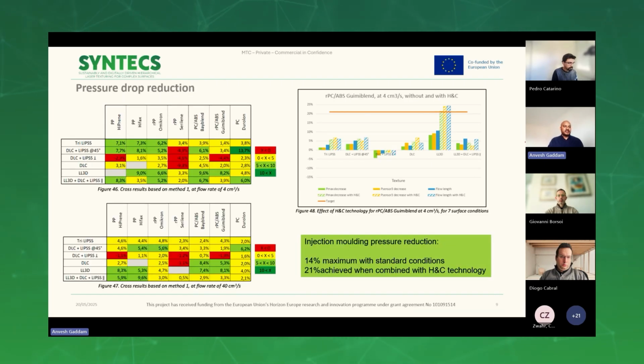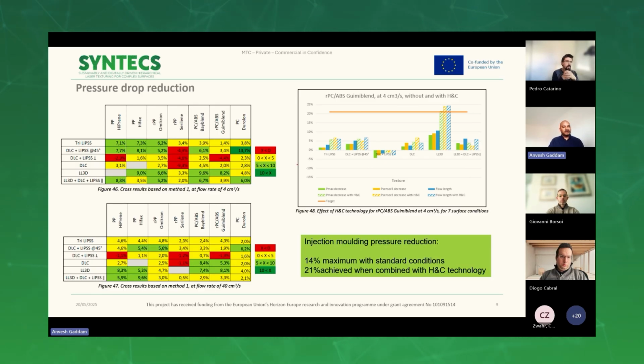This particular slide shows the pressure drop reduction. The heat map shows how different texture configurations, right from triangular lips, DLC coated lips, and 3D hierarchical textures along with the DLC coating, together with different polymers, have performed with respect to pressure drop measurement. Again, not all the polymers and not all the texture configurations have given rise to a positive reduction in pressure drop.